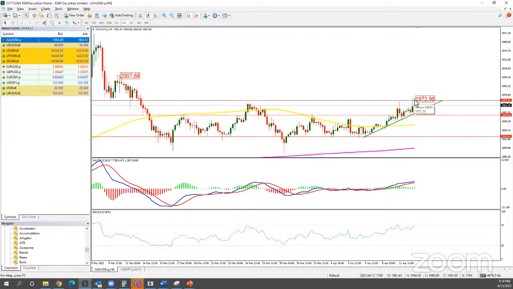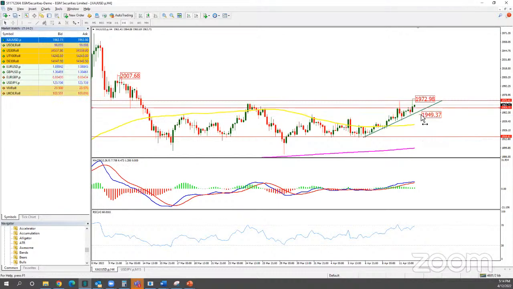Now, if prices went below the 1949, the main level to watch for would be the moving average over here, near the nearest simple moving average of 100, which is the 1933. So if prices went below this trend line and saw a breakdown, prices must go all the way to the 1933, and from there I might get out.